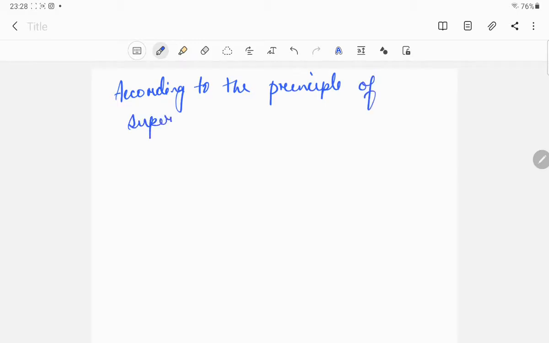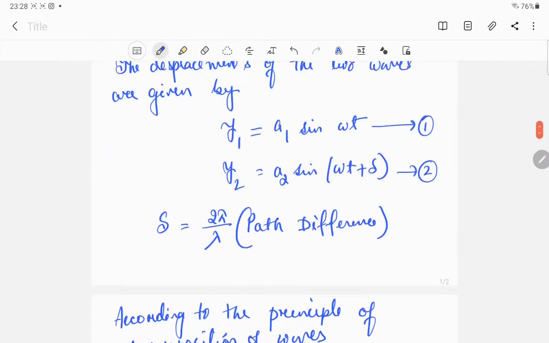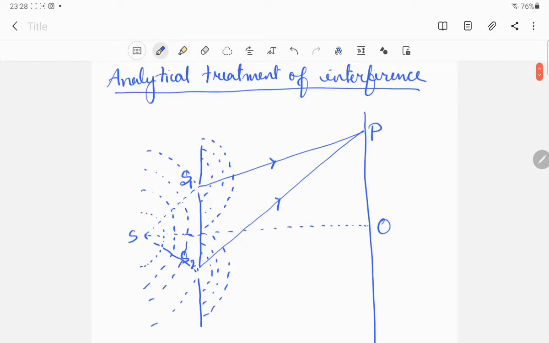Now, according to the principle of superposition of waves, one wave is coming from S1, another wave is coming from S2, and they are meeting at the point P. At this point P, two waves are getting superimposed.